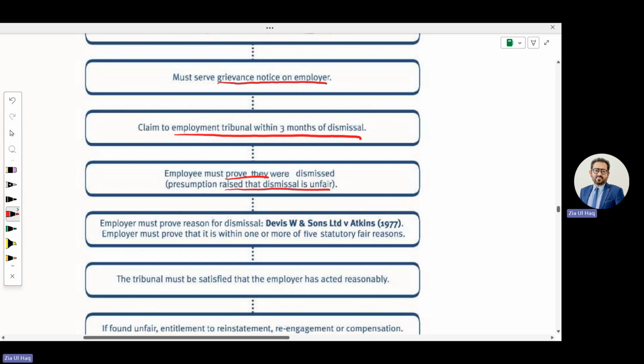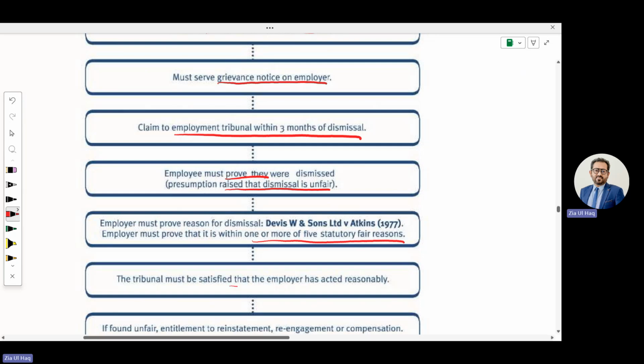The employer also has to prove the dismissal was fair. So either way the case will go in favor of the employee or the employer. The employer must prove the reason for dismissal. The employer must prove that it is within one or more of the 5 statutory fair reasons. What are those 5 statutory reasons? We're going to discuss later.